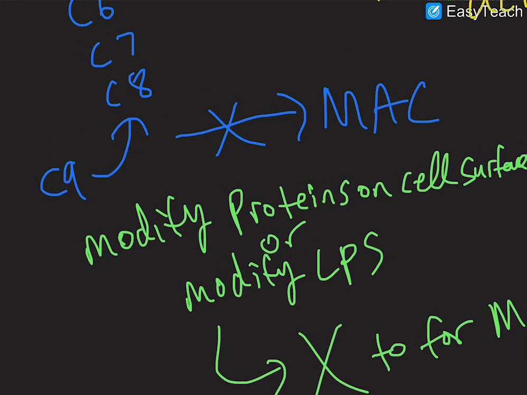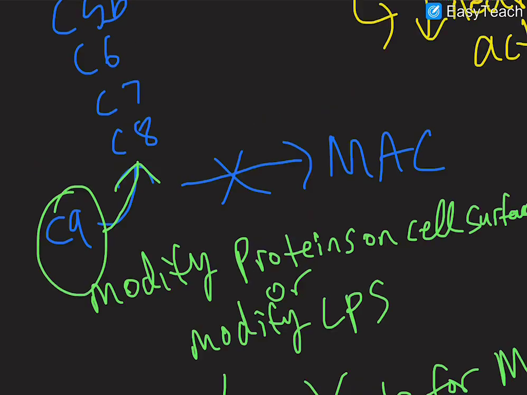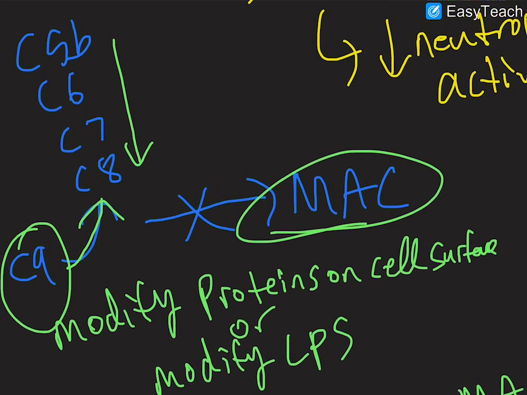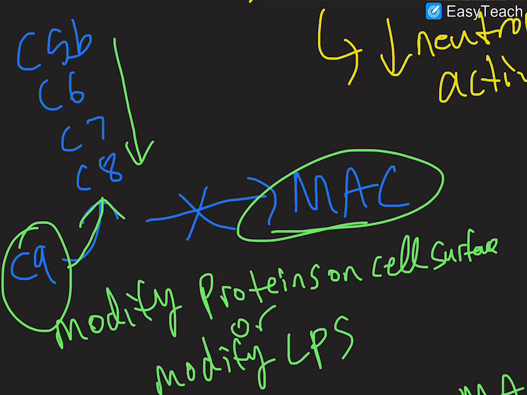How? C9 will have a hard time binding onto this cascade of proteins, so you won't be able to form the MAC and you won't be able to destroy bacteria like Neisseria gonorrhea and Salmonella, due to this resistance towards the membrane attack complex. All right. So that was basically what I wanted to talk about in terms of pathogen evasion.